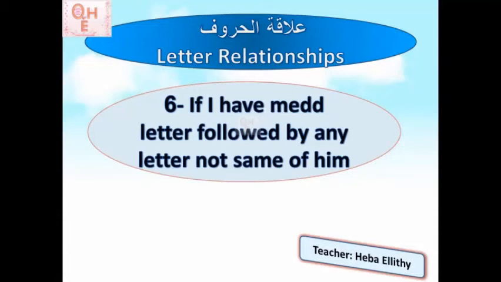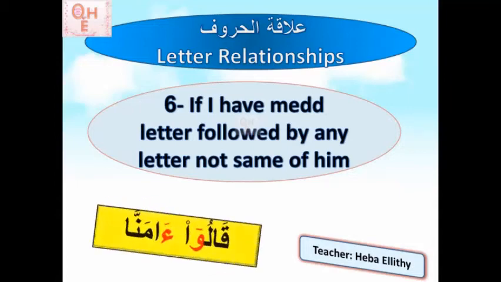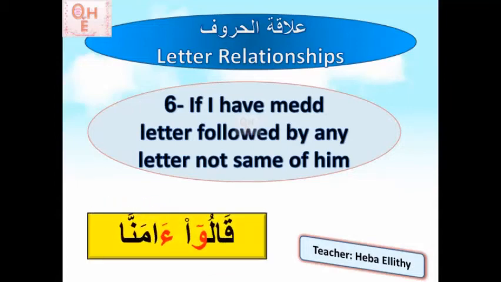But the opposite here, if I have waw followed by any letter that is not waw, I can't compare. قالوا آمنا. This waw with the hamza, I cannot compare. Why? Because this hamza is not the same as the waw. If I have waw here, I can compare. But if I have hamza, I can't compare.